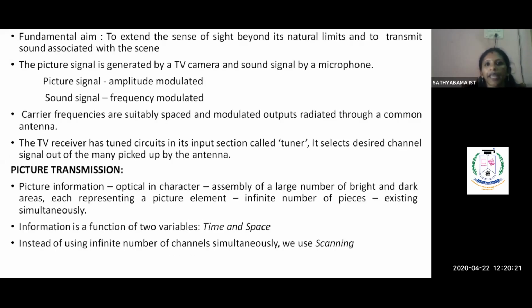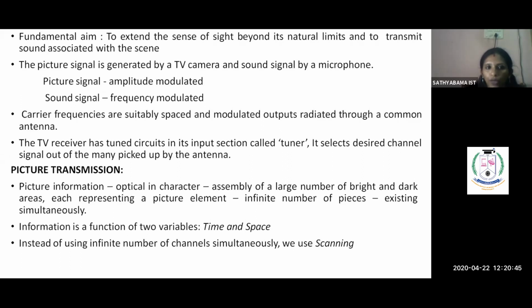The fundamental aim is to extend sight beyond the natural limits. The picture is generated by a TV camera, and the sound signal is generated by means of a microphone. The picture signal is amplitude modulated and the sound signal is frequency modulated.